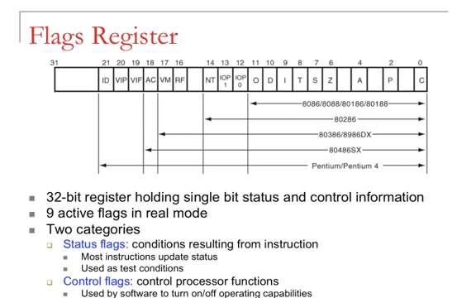Most of the instructions update status. For example, when you have two consecutive addition instructions, when the microprocessor executes the first one, after it's done, it will update some of the flags. For example, the carry flag. Sometimes there will be a carry bit generated, so the carry flag will be updated to 1.